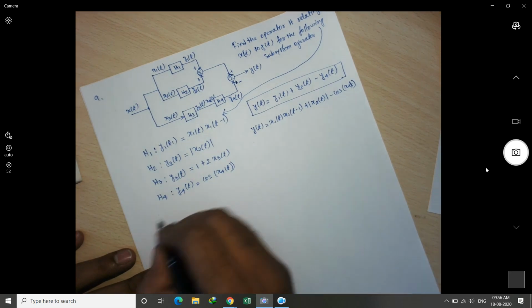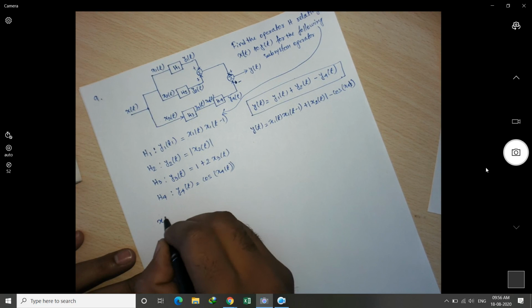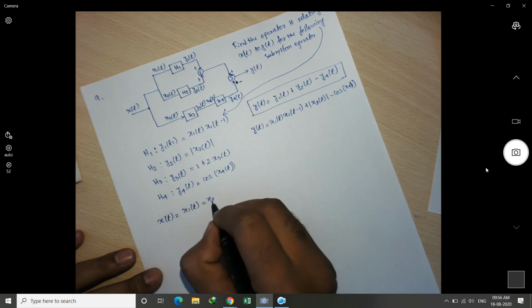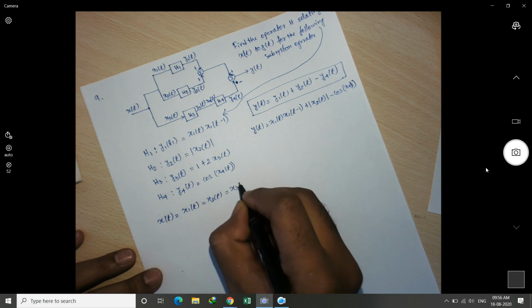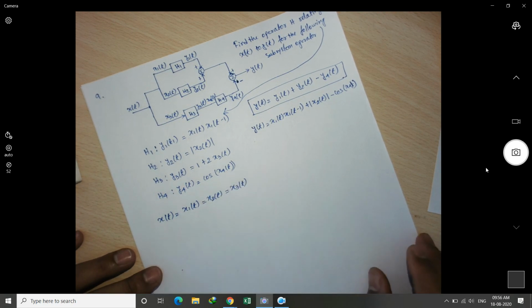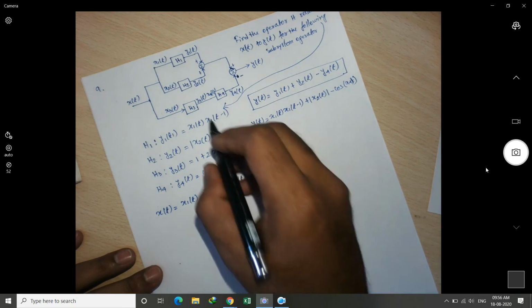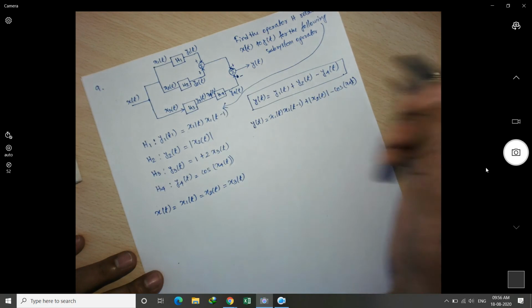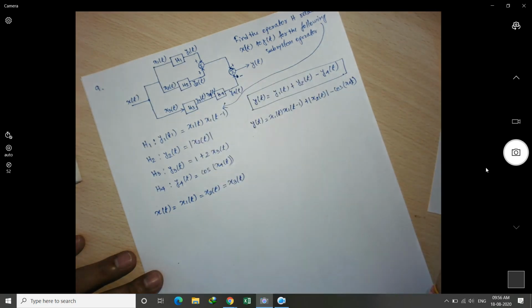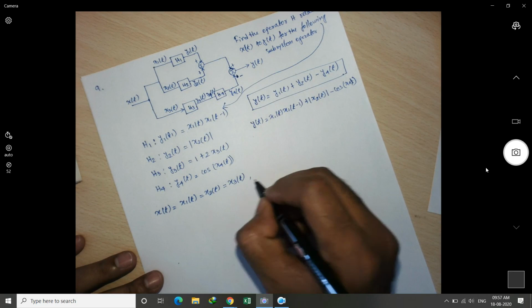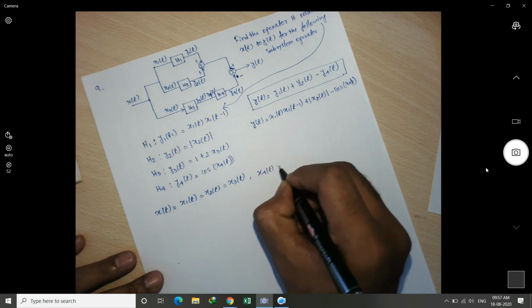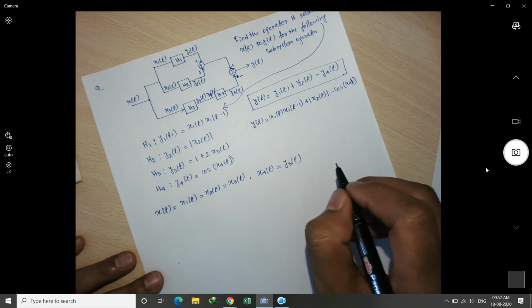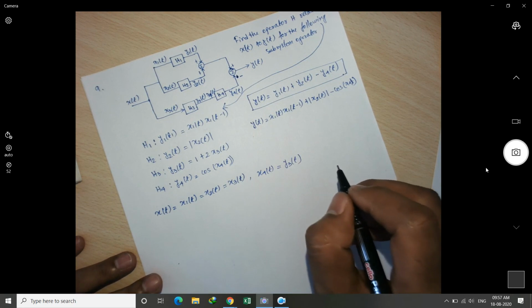So we can write xt is the same as x1t, x2t and x3t. But what about our x4t? It is the same as our y3t, right? So x4t is the same as y3 of t.